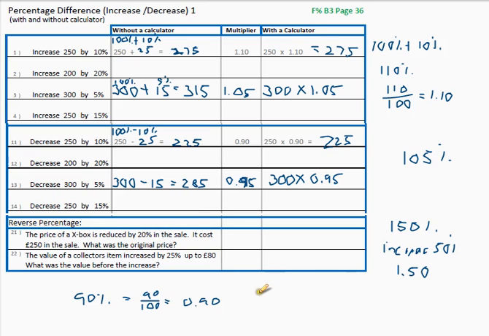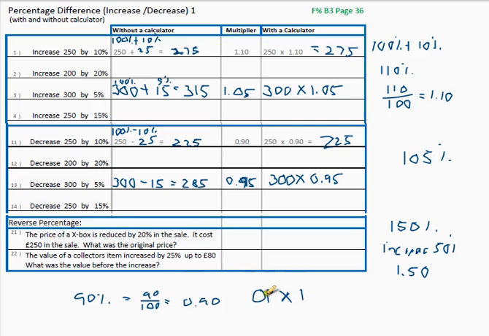We had the original price, and we multiplied by... no, it's reduced, isn't it?